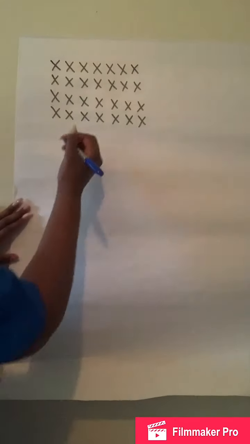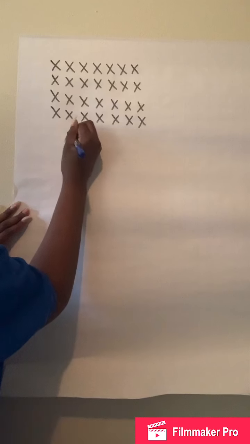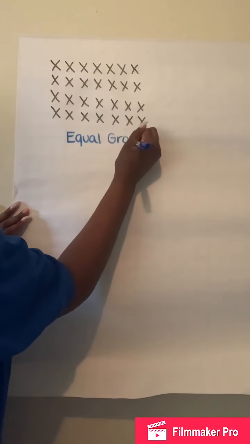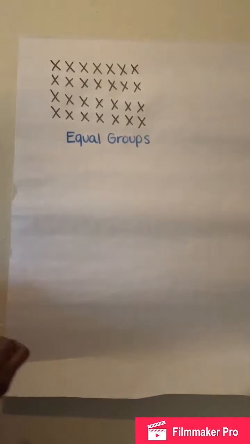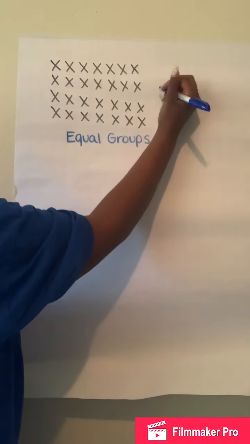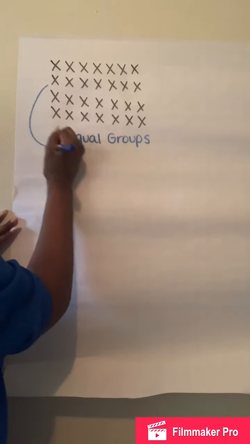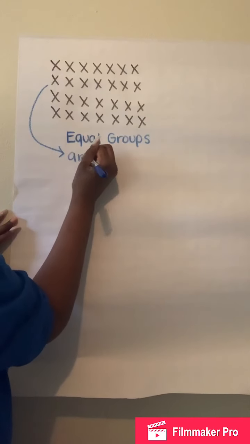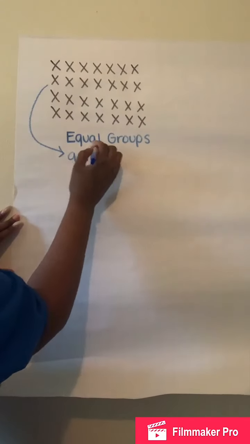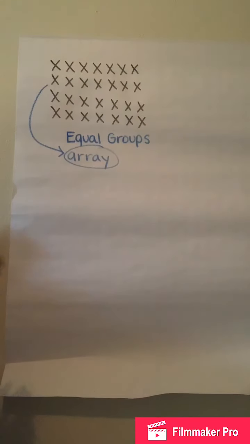So I know right now that this is a model of equal groups. Now, a word that we can also describe this as is an array. Whenever we have a picture of equal groups, we call it an array. And that's just a third grade word that you'll know before you get to third grade.